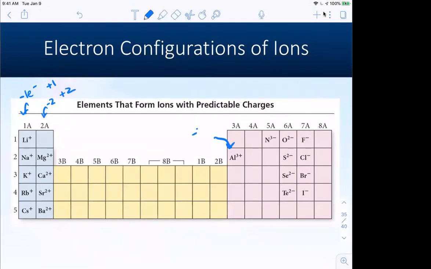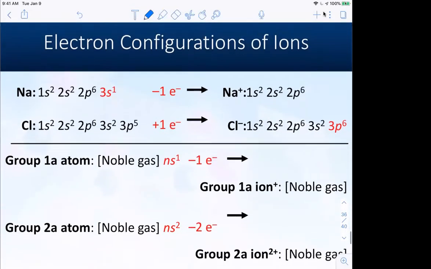Aluminum will lose 3 electrons, become +3. And then this will gain 3 electrons, become -3. This will gain 2 electrons, become -2. And this will gain 1 electron, become -1. So you can use the periodic table, especially those representative atoms, in order to figure out the electron configuration for these various ions.